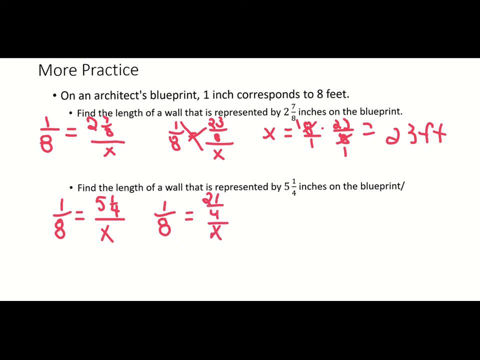So when we cross multiply, we'll get x equals 8 over 1 times 21 over 4. And again, I can cross simplify. So my 4, I'm going to divide by 4. So 4 goes into 4 once, and the 8 will become a 2 because 4 goes into 8 twice. And then I only have to multiply 2 times 21, and I end up with 42 feet for my final answer.